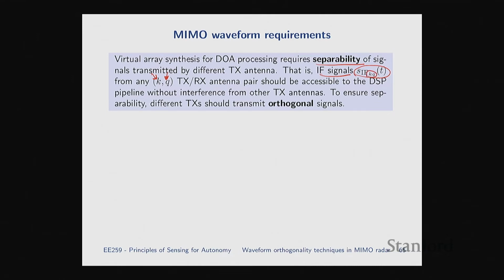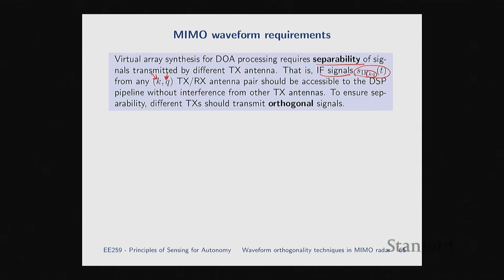So that's a very important assumption, because, for instance, if all the transmitters are transmitting at the same time, at the same frequency, with the same waveform, there's no way the receivers can separate out which waveform they received was coming from which transmitter, right?